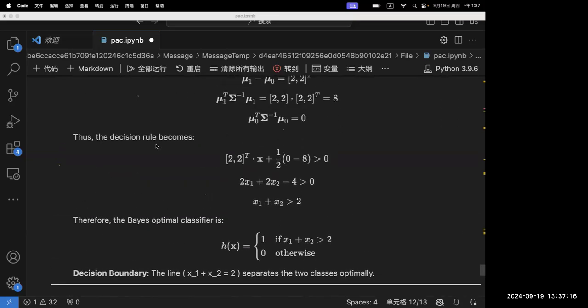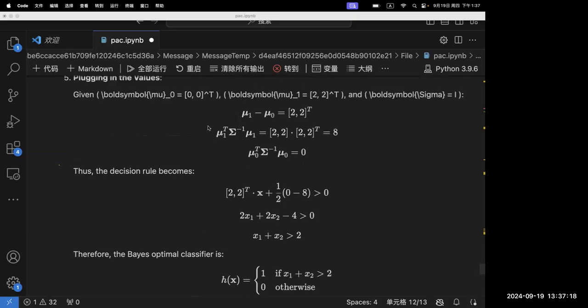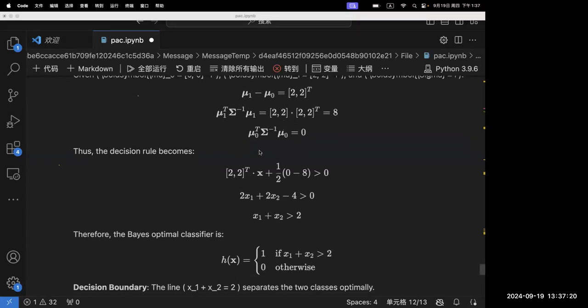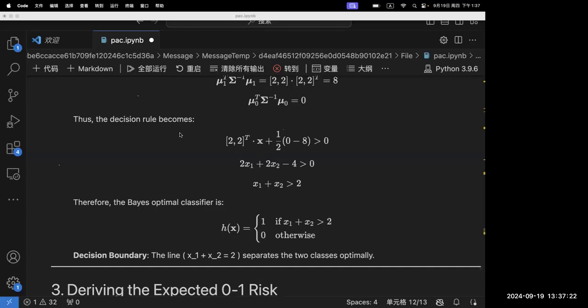And by substituting the values into this formula, we have the optimal decision rule. That is, if x1 plus x2 is greater than 2, then the label should be assigned to 1, and it should be assigned to 0 otherwise. Okay.